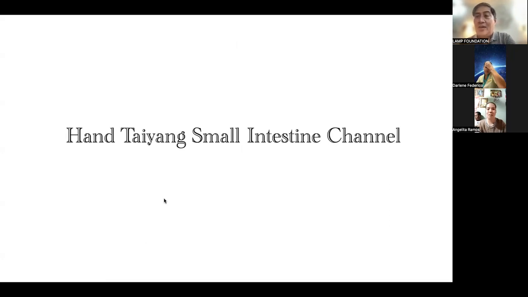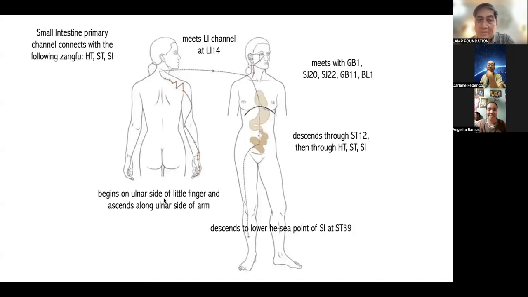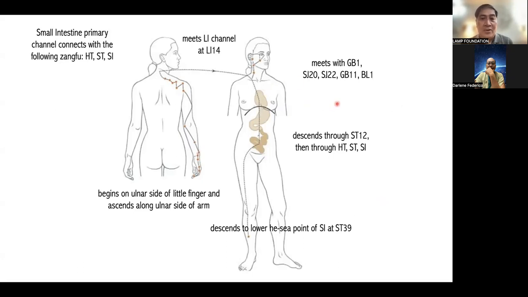Okay, so now we proceed to another channel, the small intestine channel, Taiyang small intestine channel. Where does the small intestine primary channel begin? It begins at the little finger, at the ulnar side of the tip.